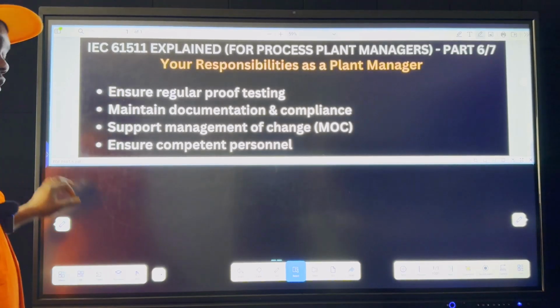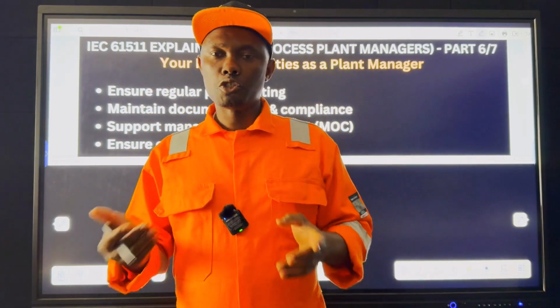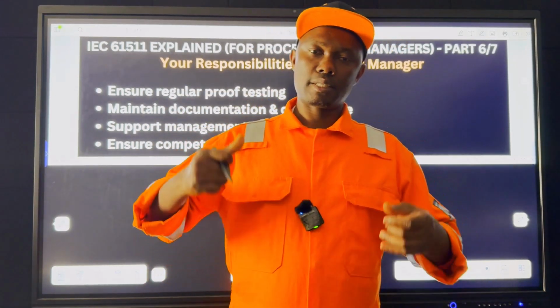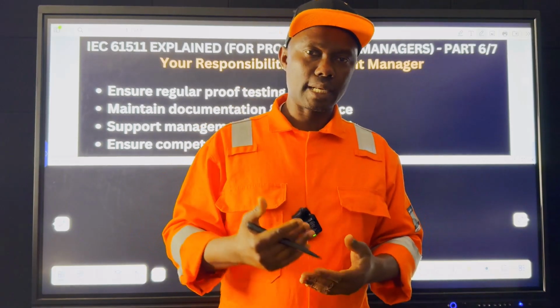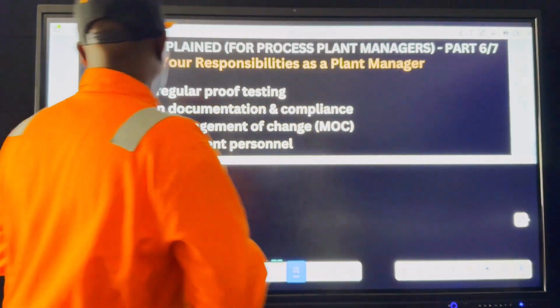So you need to ensure that your personnel are well trained, okay? And you need to be able to know when you need to bring in functional safety consultants like us who are registered and certified to ensure that the IEC 61511 standard is implemented the correct way in the process industry.